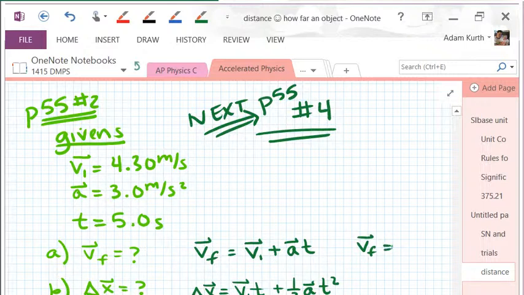Okay, so now we've got those max. Oh wait, 59.